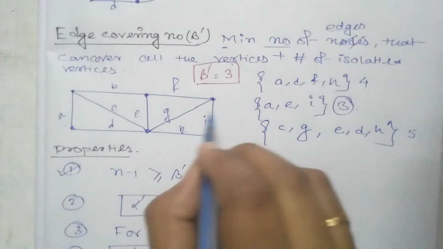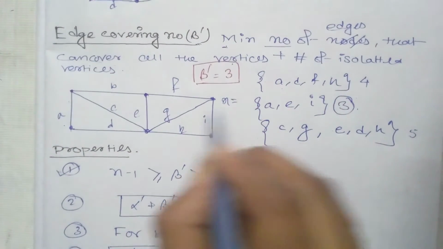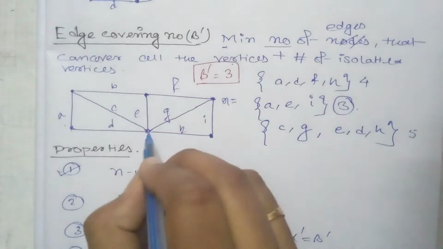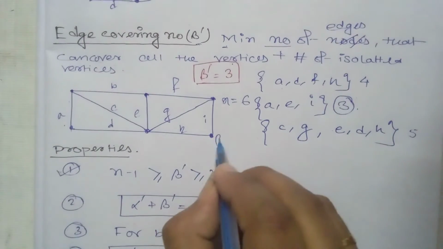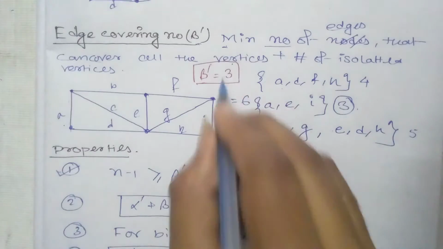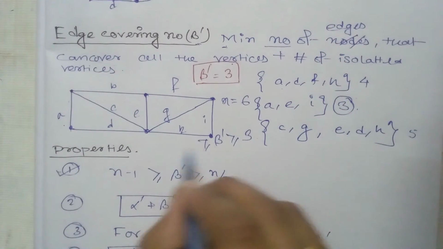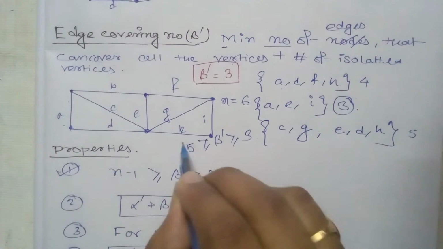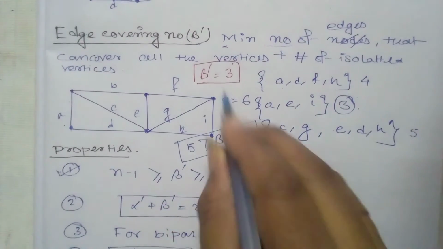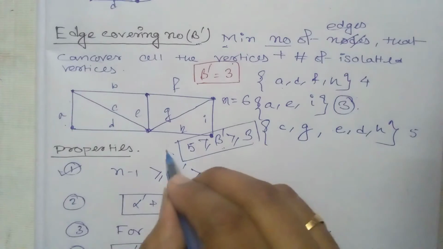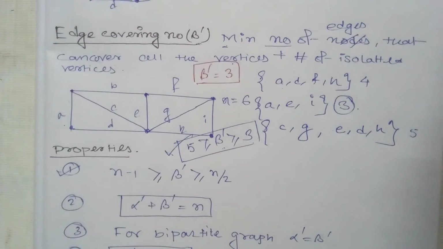What is the number of vertices here? It is 1, 2, 3, 4, 5, 6. So beta dash is greater than or equal to n by 2, that is 3, and less than or equal to n minus 1, that is 5. We defined that beta dash is 3, so this satisfies the concept.